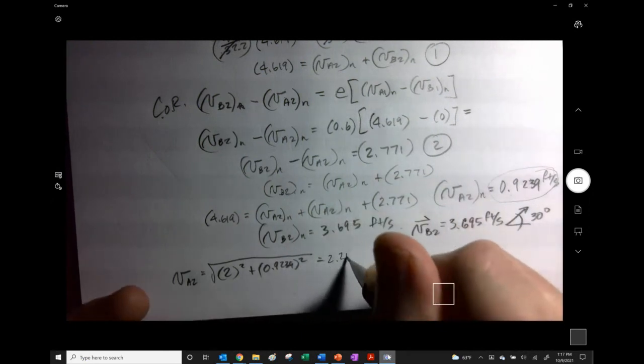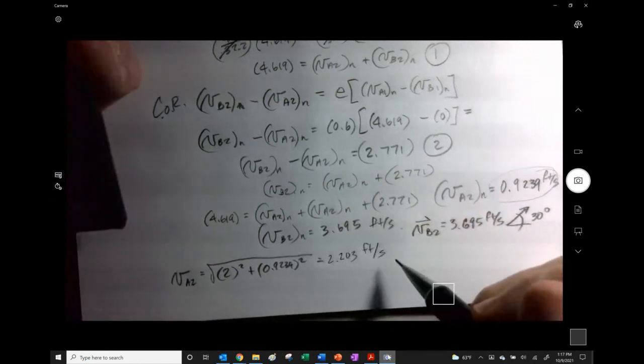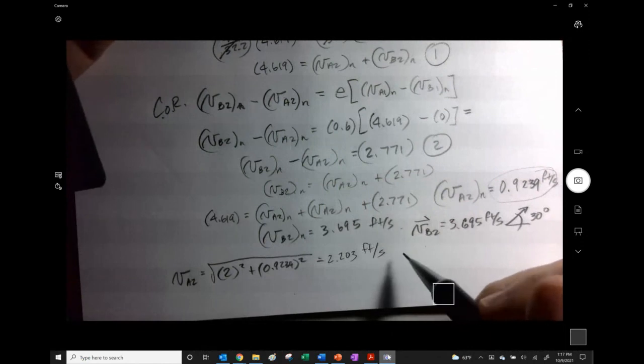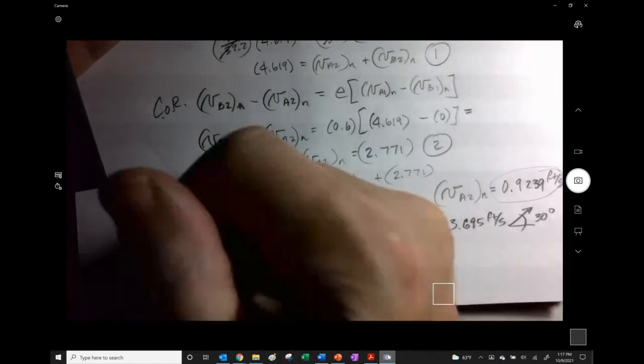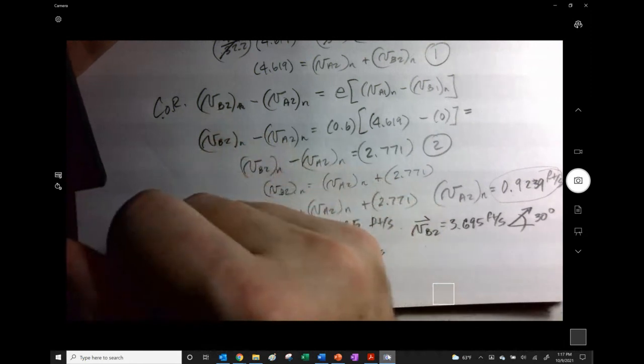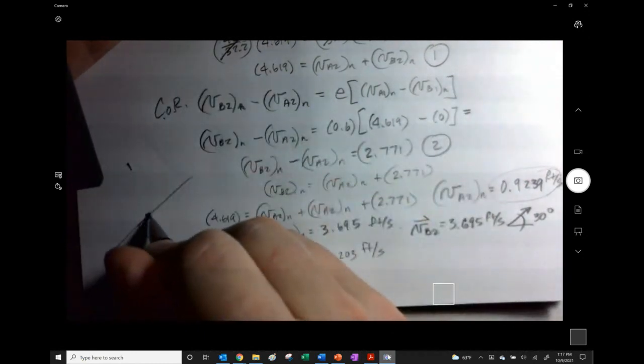It's got 2.203 as its final speed. But here's a little bit of a thing we have to be careful with. We're going to find, right? So we have to almost make a little sketch. I find that's the easiest thing to do. We have this in that direction, right?